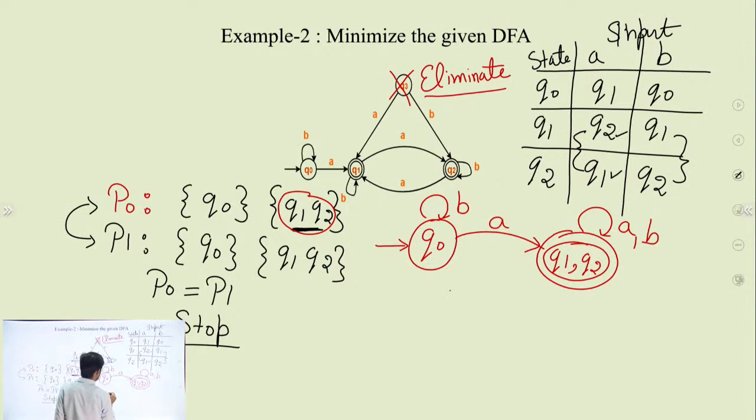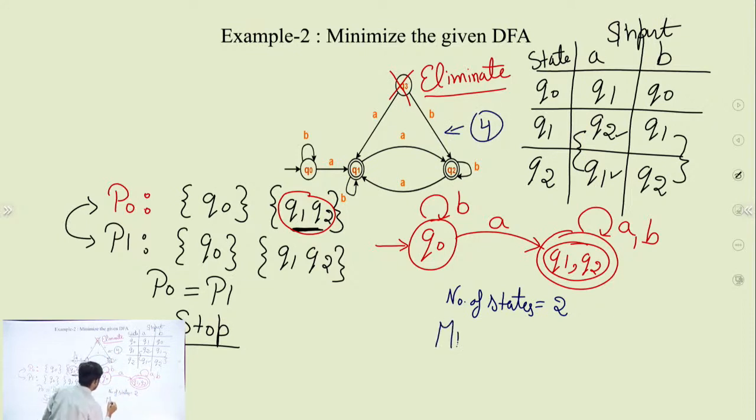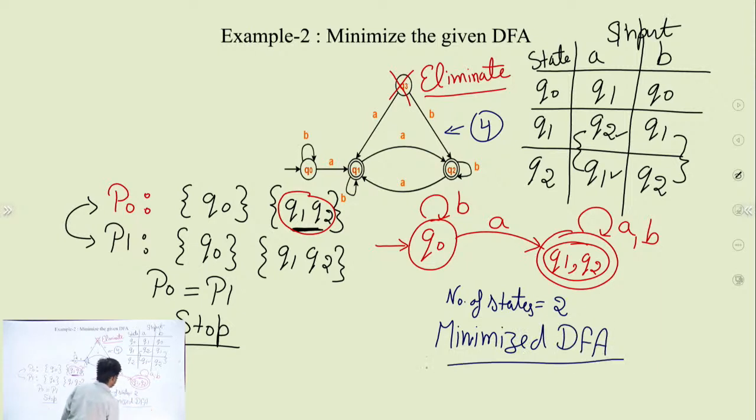Here the number of states is 2 and in the original the number of states is 4. So this is the minimized DFA, deterministic finite automata.